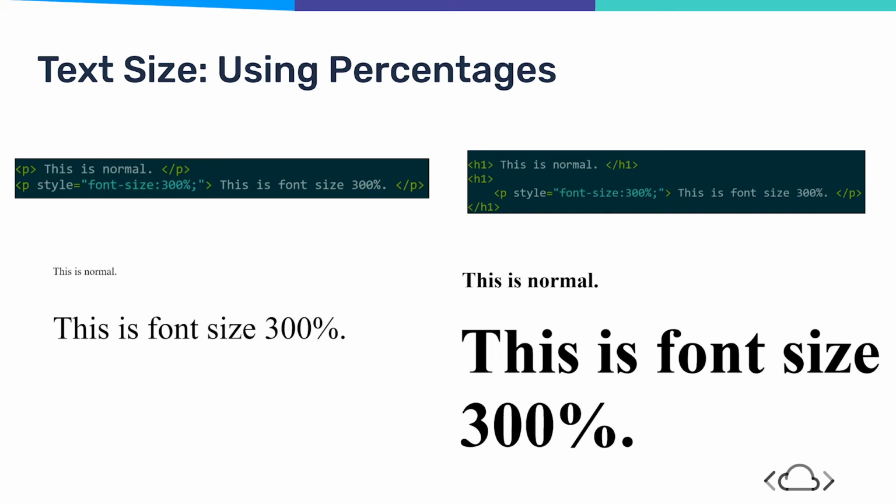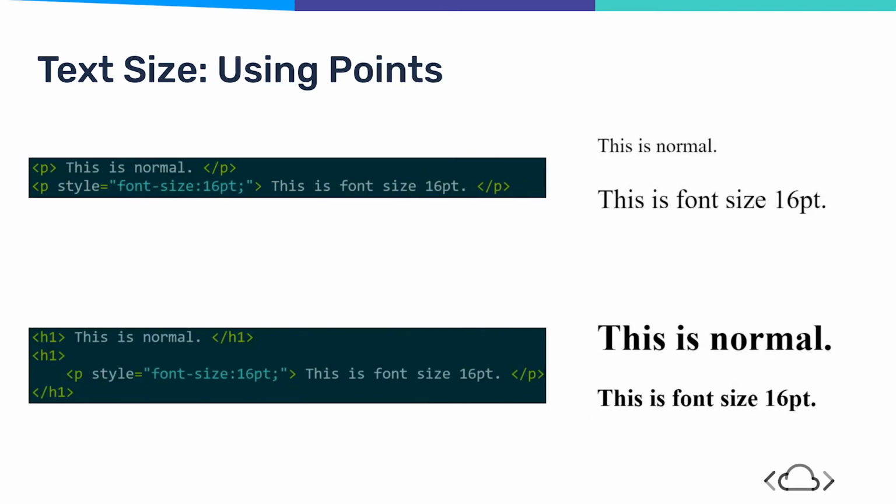Percentages are a great way to keep things responsively scaled to a web page. In this example, notice the differences in parent container style font size 300%. In the first size change, it is taking 300% of the default paragraph tag size. In the second size change, it is set to 300% of the heading 1 tag size.